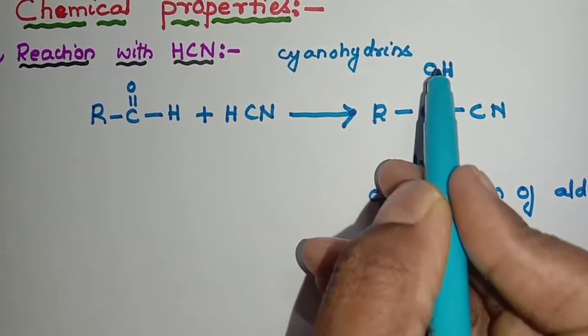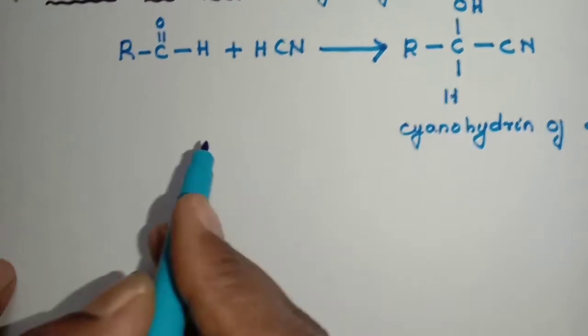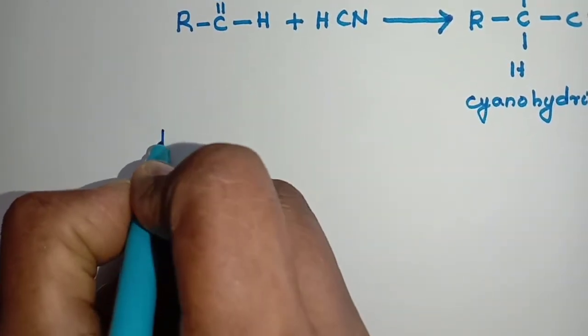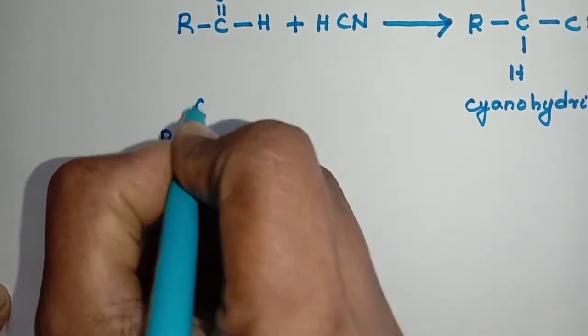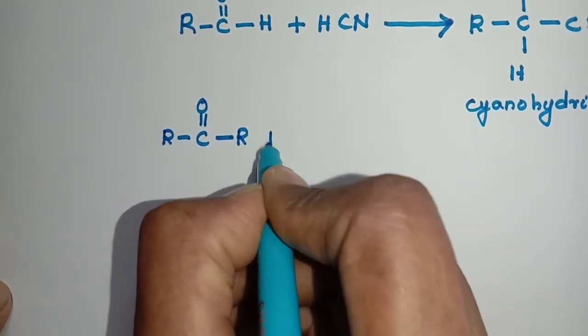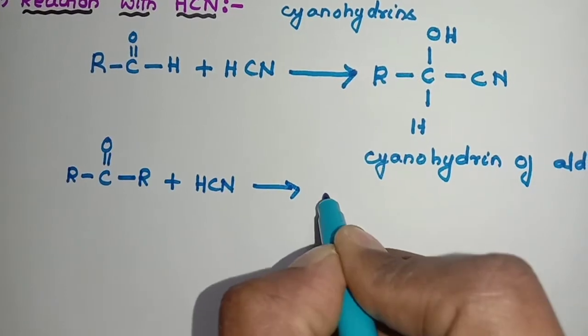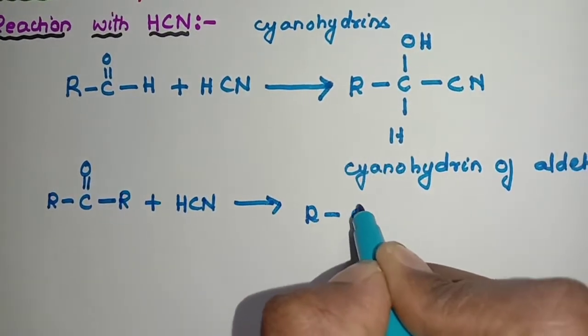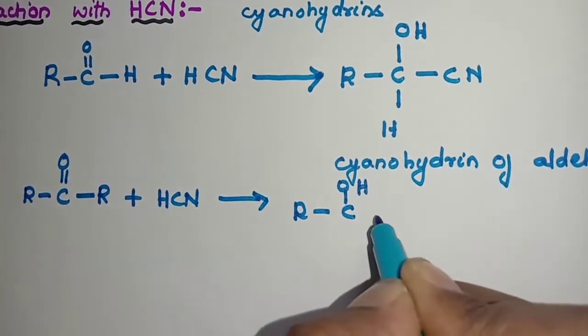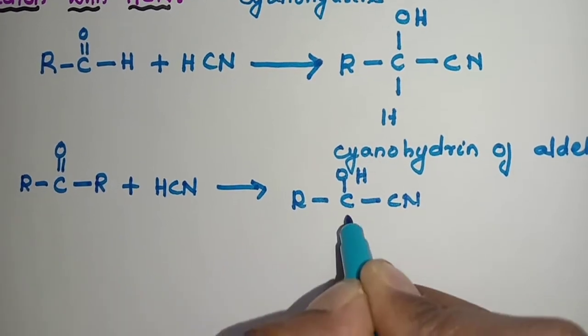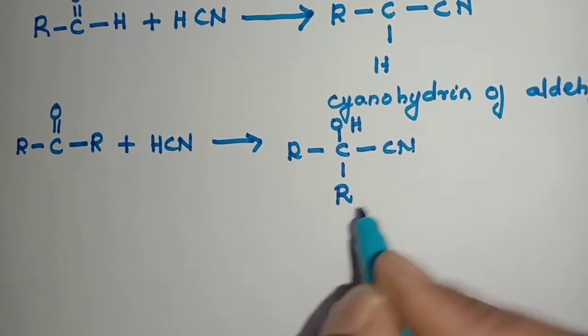Therefore, R C OH CN H. Next, coming to ketone, R C double bond O R plus HCN gives rise to R C OH, here CN, here is R. What do you call this?